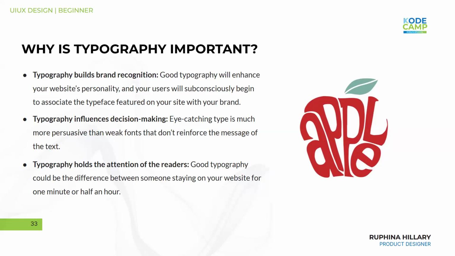The same thing with color, how I talked about when you think of green. There's a green that you're going to see, you're going to think of WhatsApp. There's a blue you're going to see, you're going to think of Facebook, because these colors have been associated closely with those brands. So typography also influences decision making. Eye-catching type is much more persuasive than weak fonts that don't reinforce the message of the text.